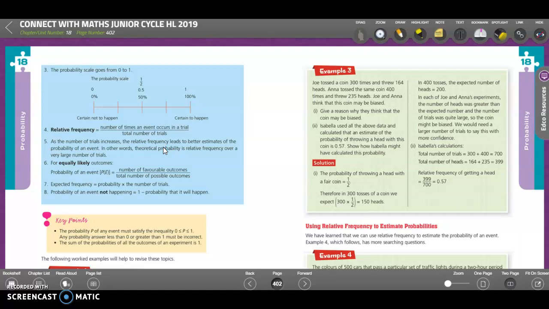So relative frequency is about you've actually done the trials, you've actually done the experiments, and you're just counting stuff that has happened. Probability is making predictions about the future. We'll see in a second that we can sometimes use relative frequencies to calculate probabilities. That's an example we'll see shortly.